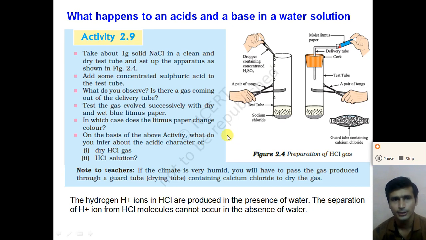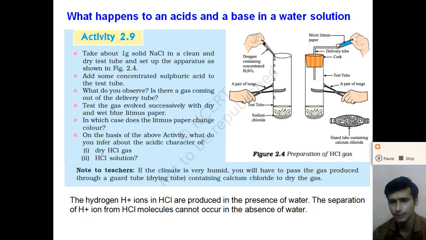So here, the hydrogen H plus ions in HCl are produced in the presence of water, and the separation of the H plus ion from the HCl molecules cannot occur in the absence of water, right? So if we take HCl, hydrochloric acid, or sulfuric acid H2SO4, H plus ion is generated.